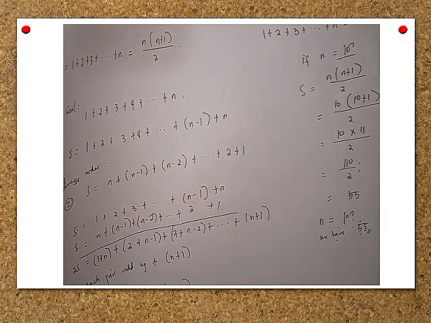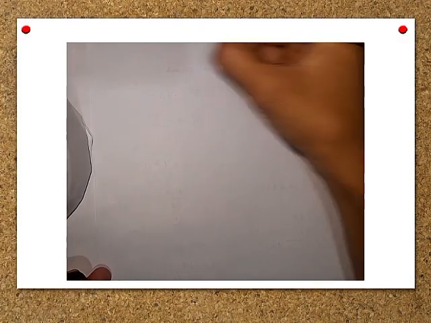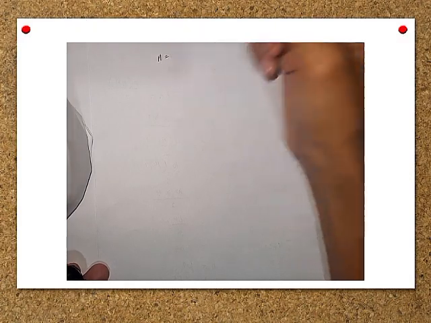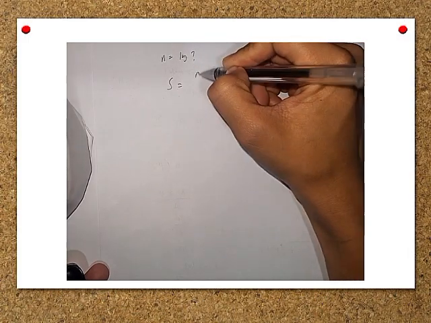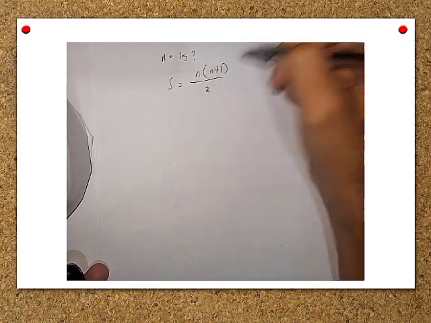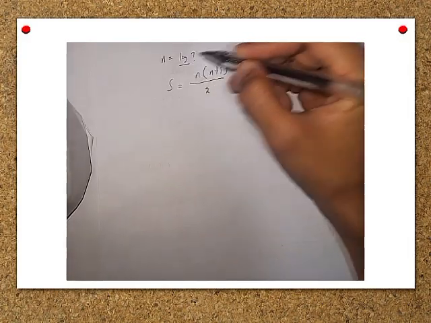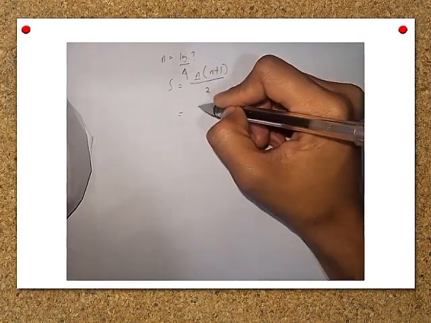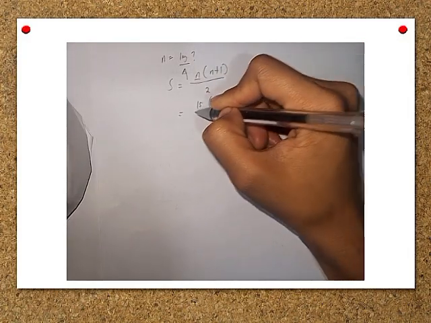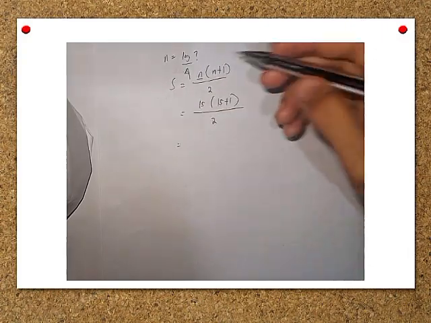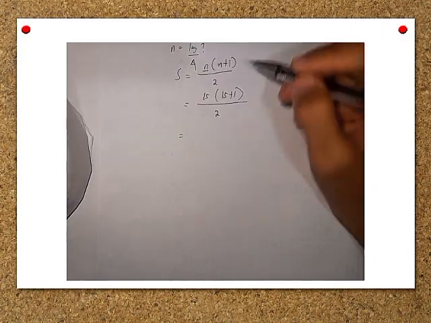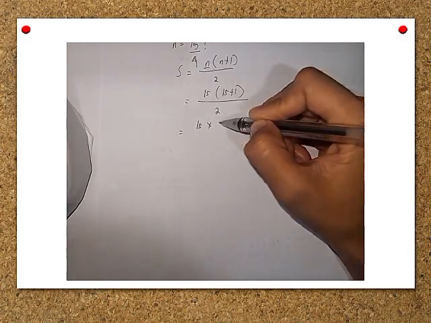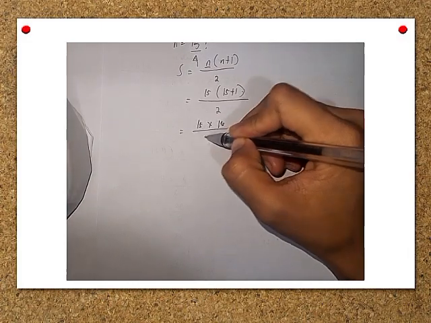Simple. So let's have another example. Find the sum if n is equal to 15. Use the formula: the sum is n times (n plus 1) divided by 2. Just substitute the value of n, 15. So we have 15 times (15 plus 1) divided by 2.